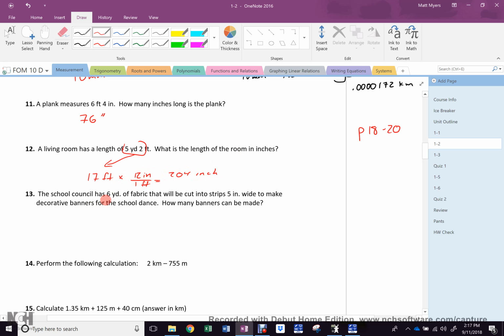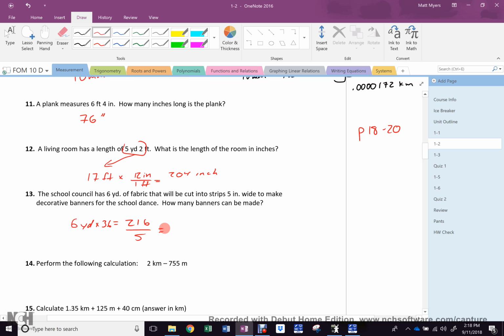The school council has 6 yards of fabric cut into 5-inch strips. So I got to get my yards to inches. 6 times 36, which equals 216, right? Then I got to cut that 216 inches into 5-inch strips, right?